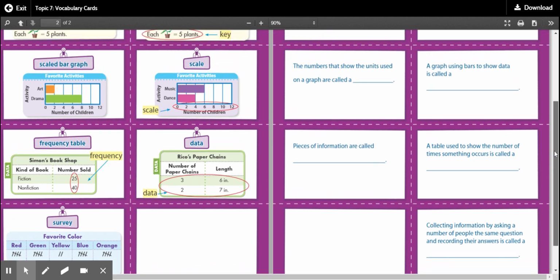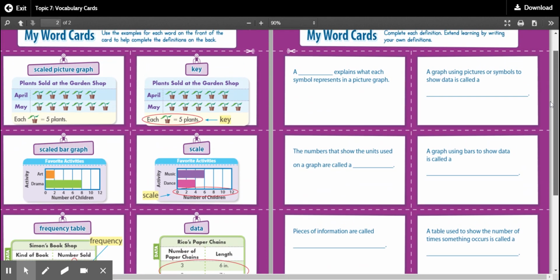Going to start with the term scale, and you'll see here in a moment that scale is going to be important for this unit. We'll use it a number of times. So here is the term scale. The definition is the numbers that show the units used on a graph are called a scale. So in this example, the units are units of 2.